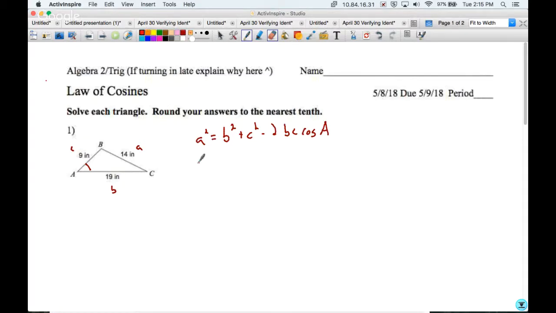Let's fill in the values that we have. A squared is now 14 squared, b squared is 19 squared, c squared is going to be 9 squared, minus 2 times 19 times 9 times cosine A. Start solving for this, we get 196 equals 361 plus 81 minus 2 times 19 times 9, which is 342.